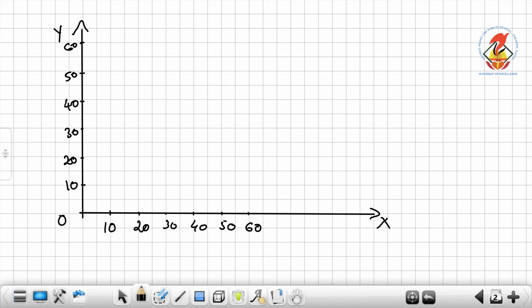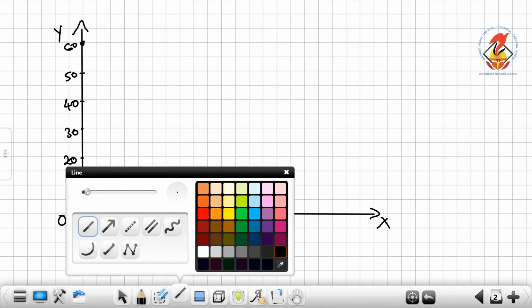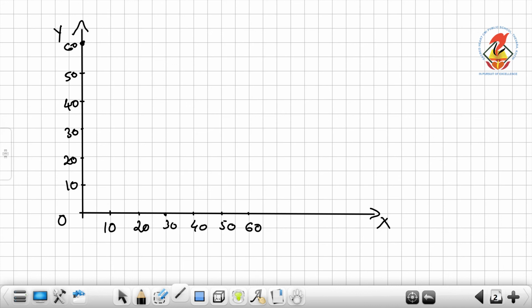What about the first one? The first points are 0, 60 and 30, 0.